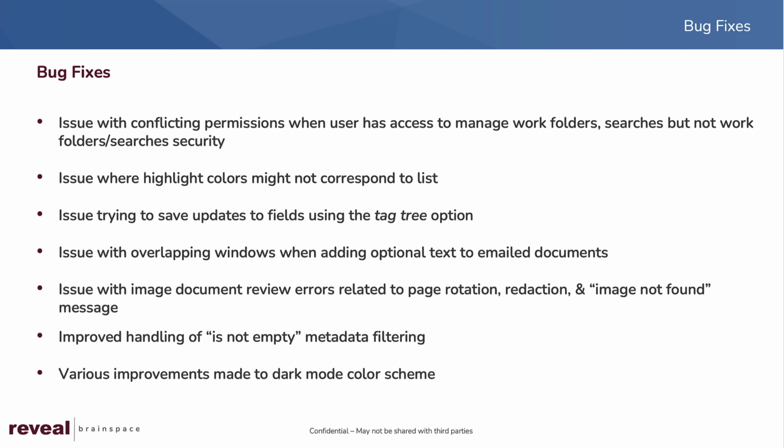We resolved the window overlapped issue that occurred when adding optional text email documents that made it difficult to interact with. We addressed multiple items related to imaging documents, where errors would occur from page rotation, redactions, and image not found messages. Finally, we improved our handling of the is not empty metadata filtering, as well as various enhancements to the dark mode color scheme.